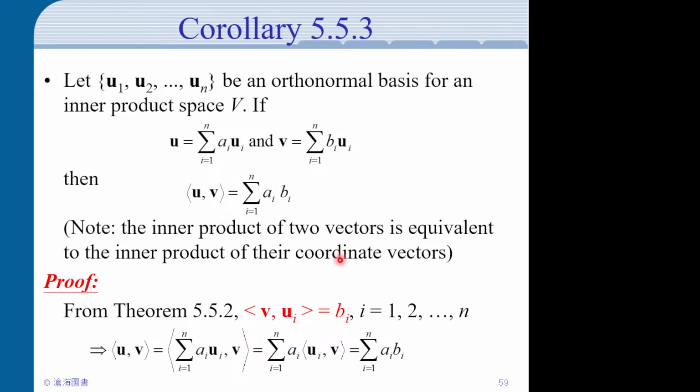The proof here is once again just using the linearity of the inner product. We use that the inner product of V and Ui equals Bi, which we already proved.